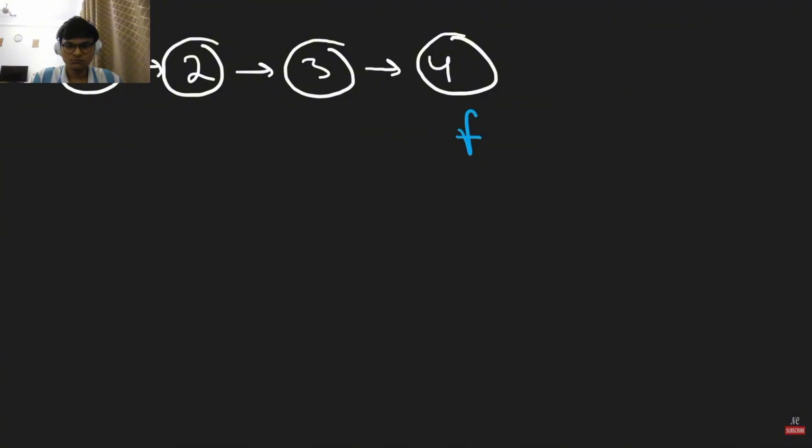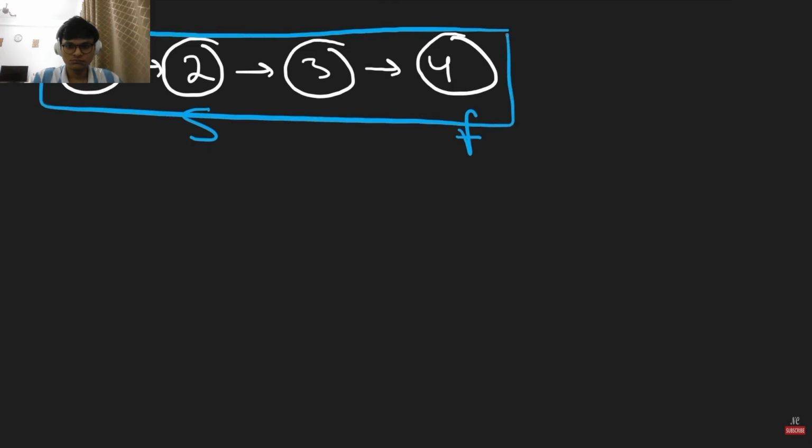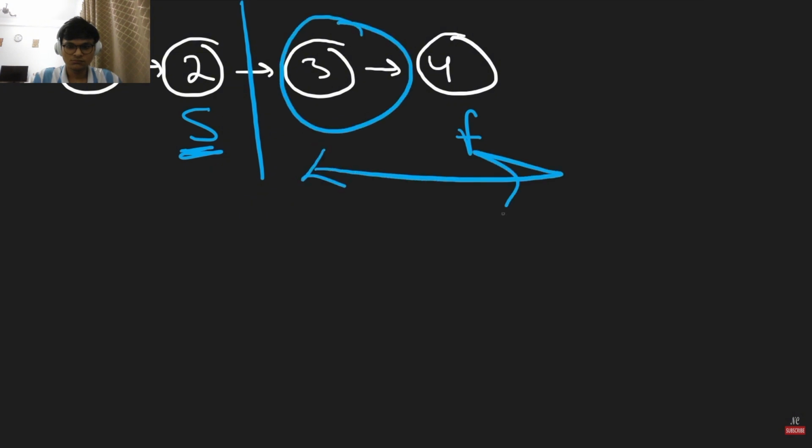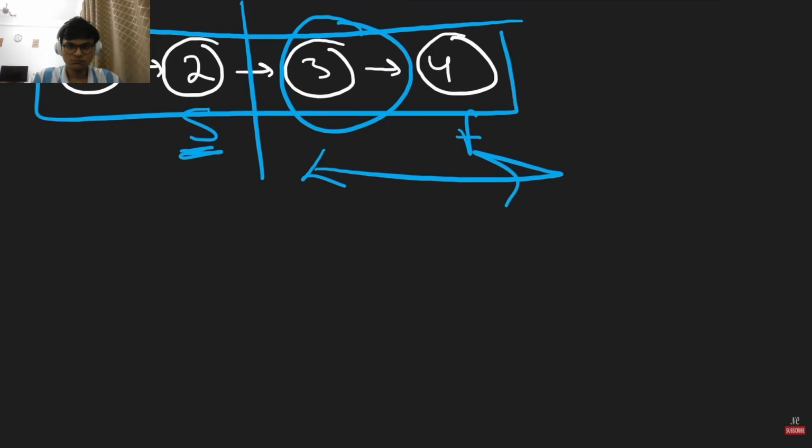And once that is the case, we know that the slow pointer is going to be, if it's an even list, you can kind of run through it yourself and see that it does work. But if it's an even list, the slow pointer will be at the halfway point, pretty much, right? It'll be at the end of the first list, right? So then what we'll do is say, okay, slow.next is going to be the beginning of the second half of the list. So that's what happens if we have an even number of nodes.